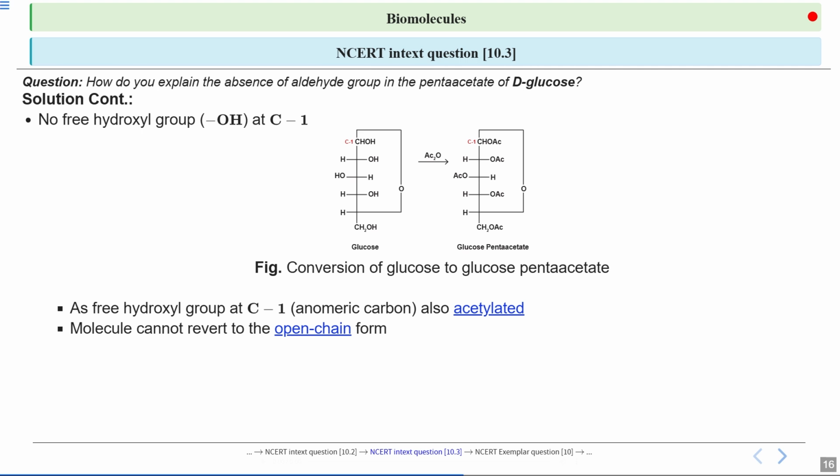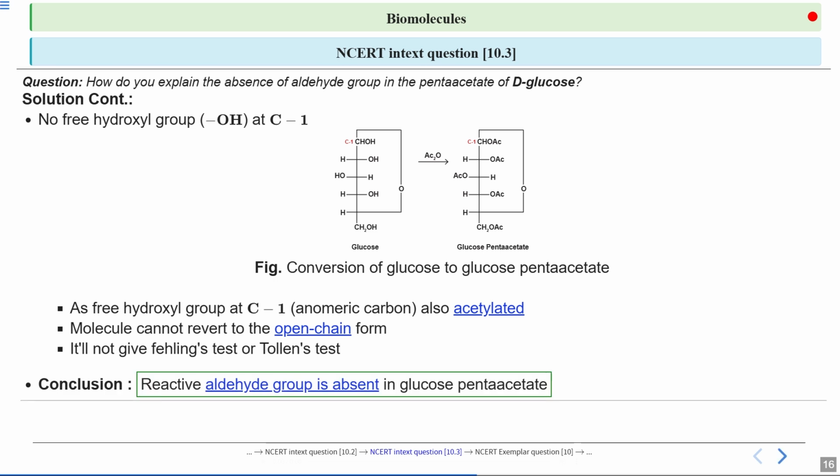So the molecule cannot revert to the open chain form, and as a result, glucose pentaacetate doesn't give a positive result in Fehling's or Tollens test. These tests are used to detect the presence of a free aldehyde group. If the molecule can't revert to its open chain form, it won't react in these tests.